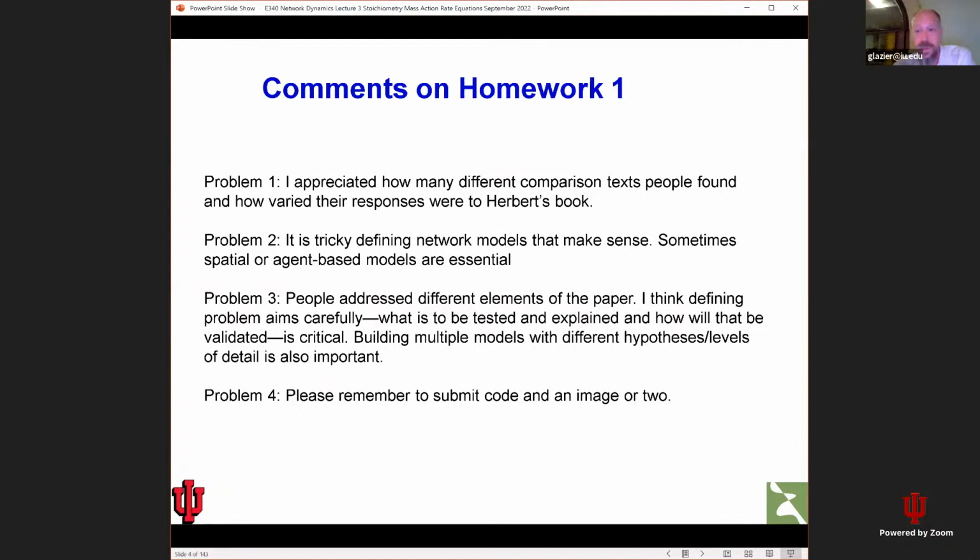Those are the kinds of situations in which agent-based models tend to be more appropriate. And so it's interesting to ask the question, is this actually something that a network model is good at doing? And people, I think, explored that to some extent, depending on the particular problem.